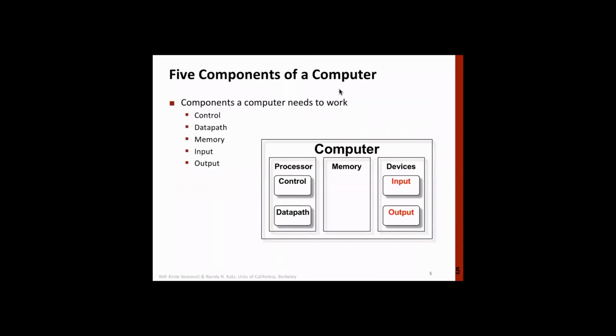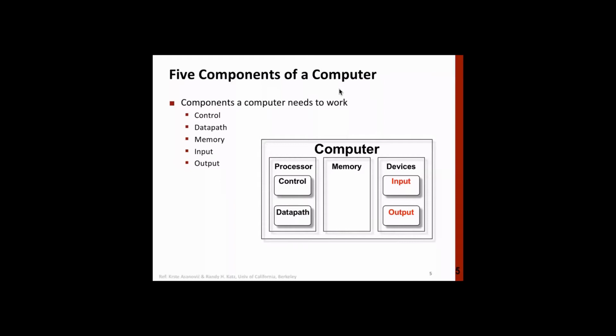All right, so this was the structure that we studied in the last class. A computer in general has a few important parts. First is of course the processor, which consists of data path and control, then memory.